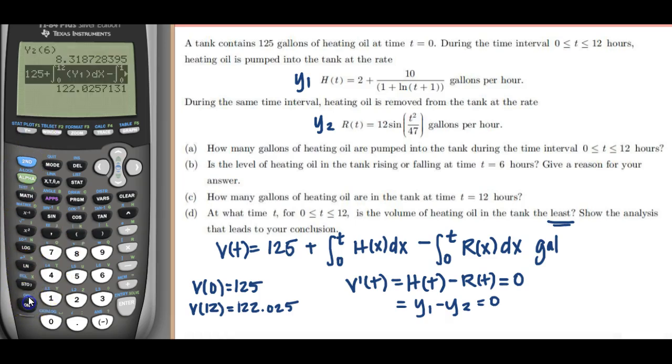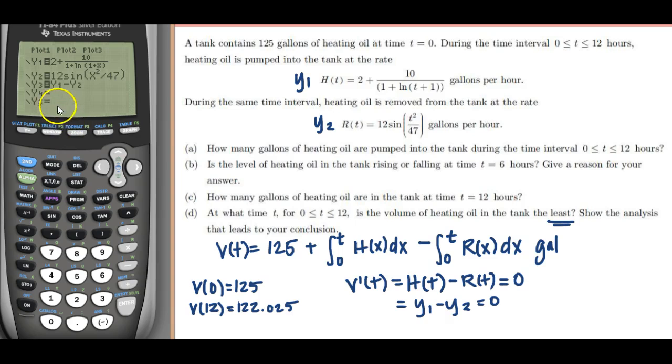Since we have already stored y1 and y2, we can go down to y3, and while we absolutely could retype out this function, h of t, and this function, which was r of t, what would make it even quicker is if we just entered y1 minus y2 as y3.